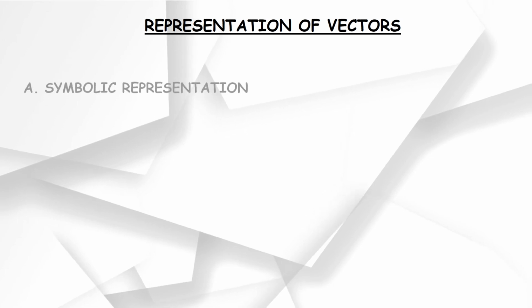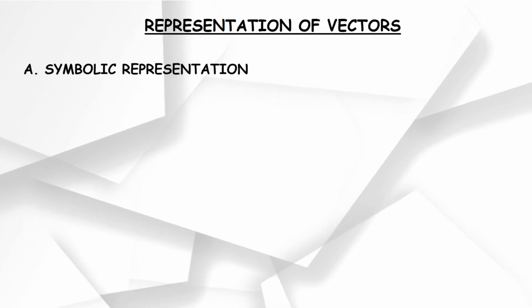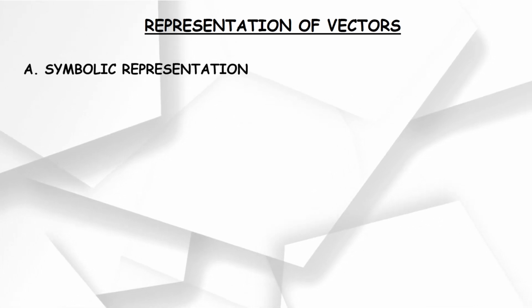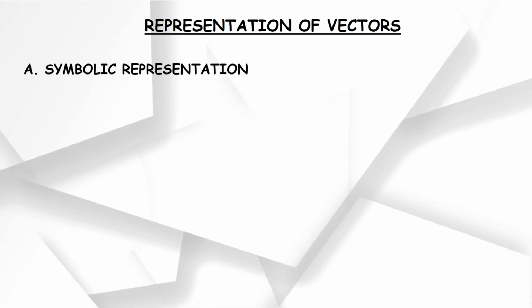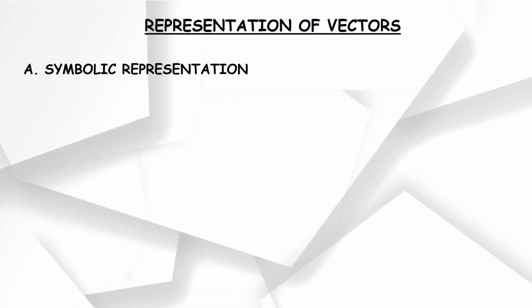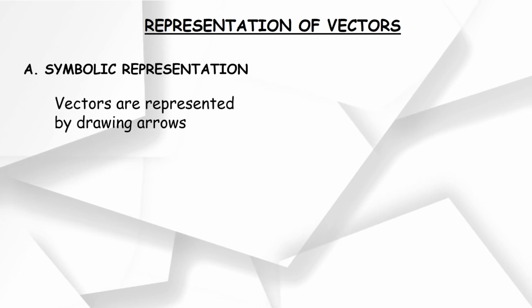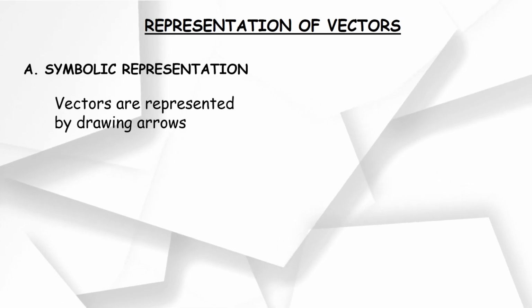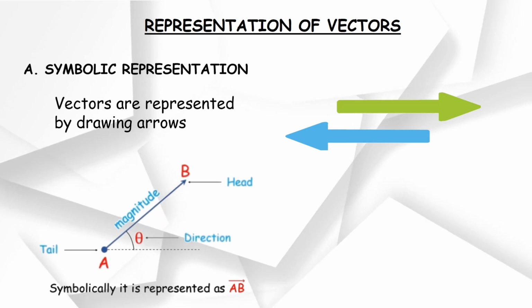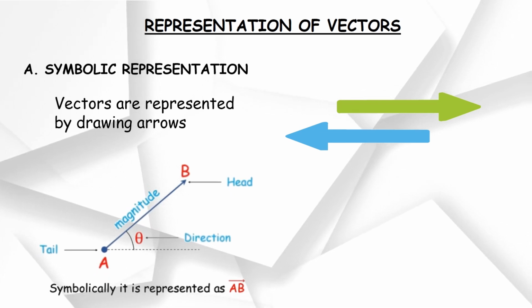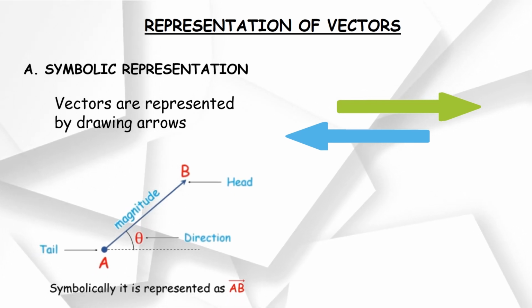Representation of vectors. Vectors can be represented in two ways. They can be represented symbolically and they can be represented graphically. We will see both representations of vectors. So vectors are basically represented by drawing arrows like this. Here you can see a diagram in which a vector AB is represented.